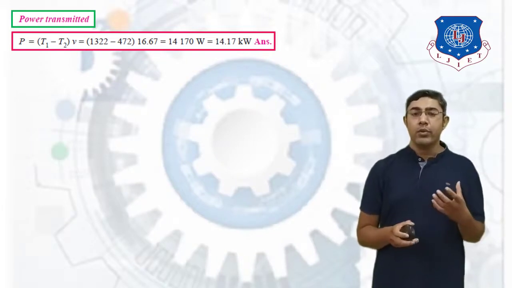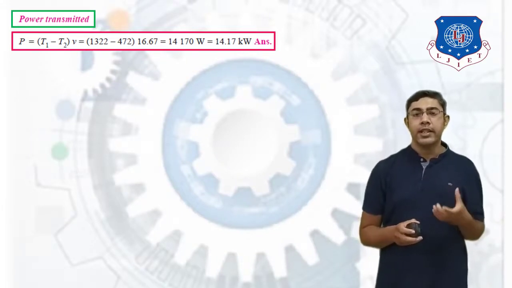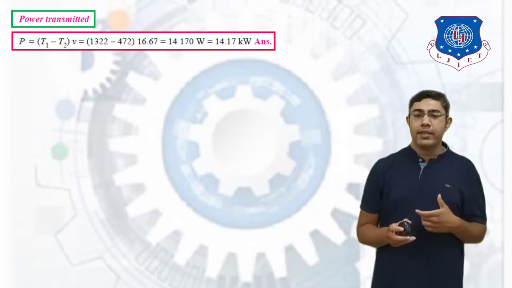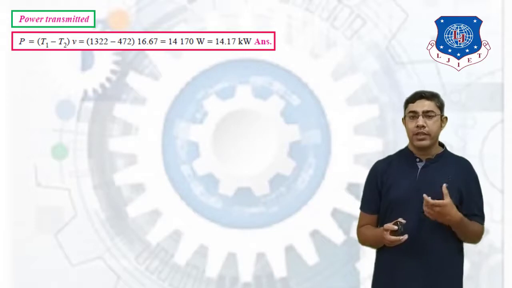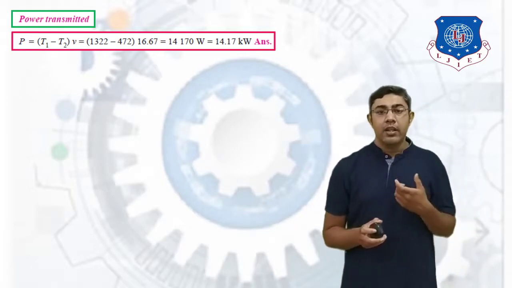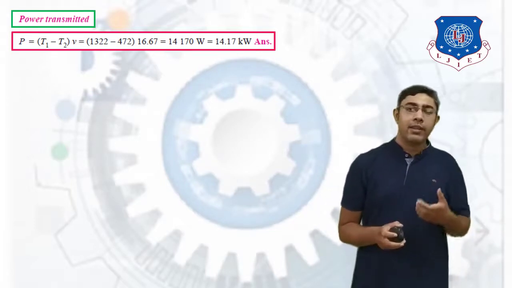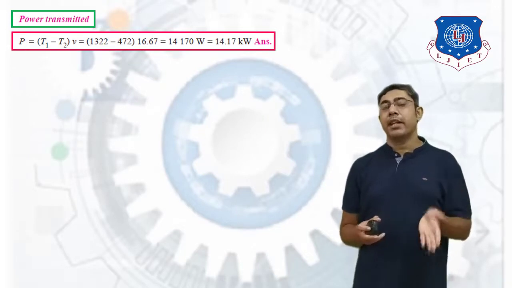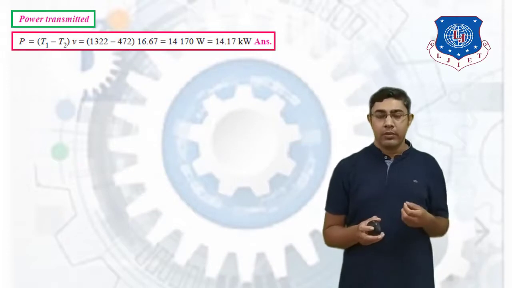Now we also have to calculate the condition for maximum power and the absolute maximum power. For that we first derive the condition for maximum power. What is the velocity at which the maximum power can be transmitted, we have to first calculate.